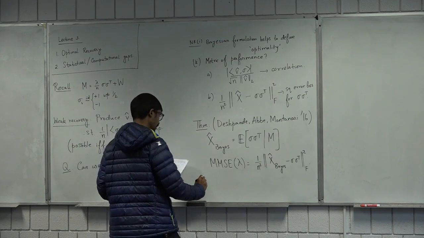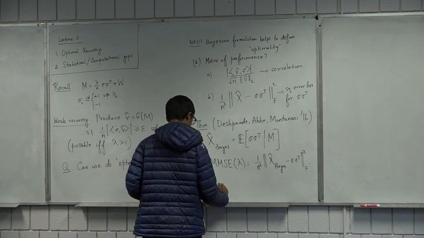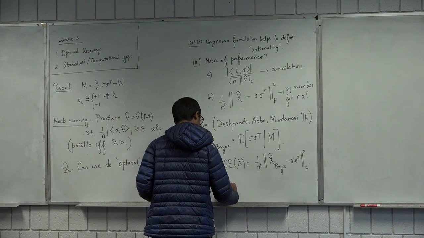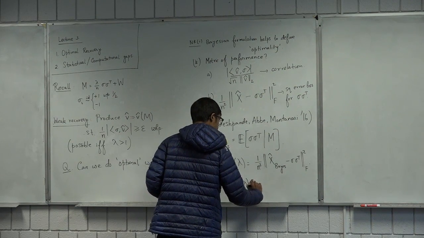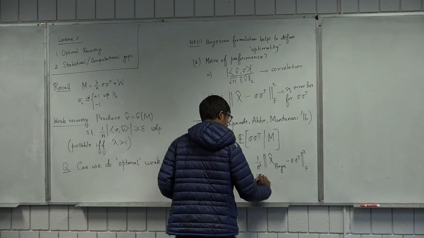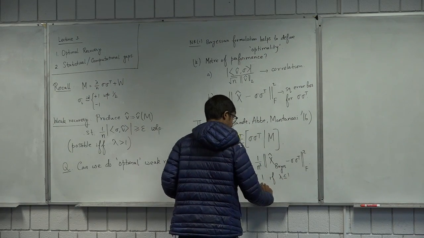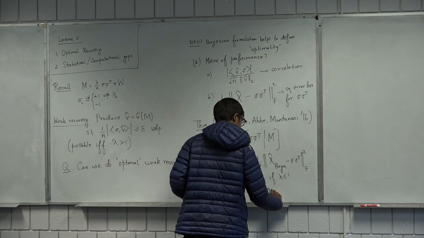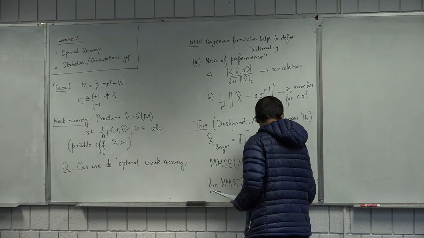Then they prove that the limit as n goes to infinity of MMSE(lambda) is 1 if lambda is less than or equal to 1. That's below the information theoretic threshold. And it's some specific constant q star square if lambda is greater than 1.